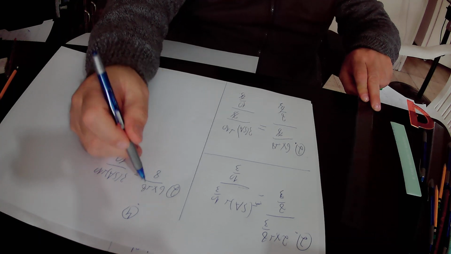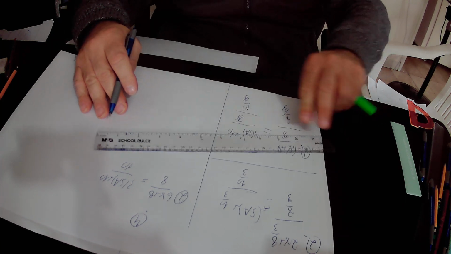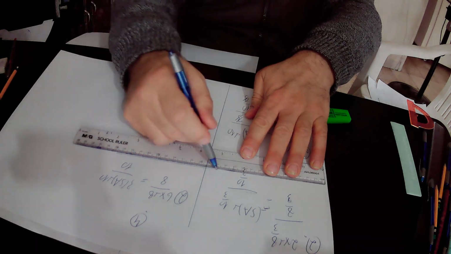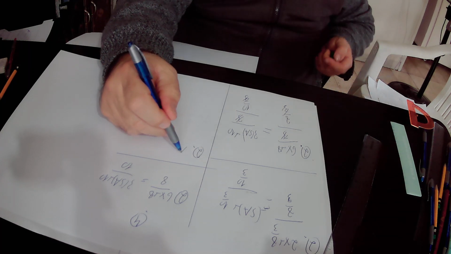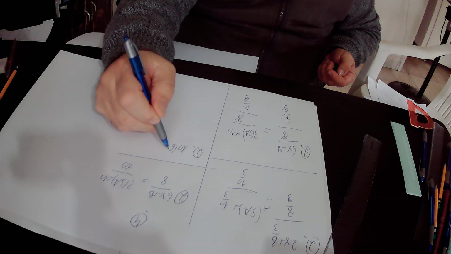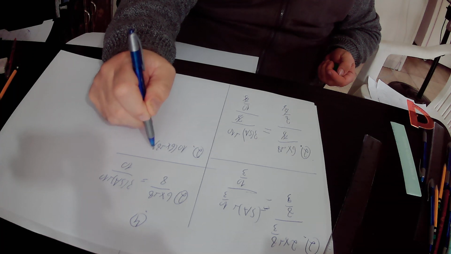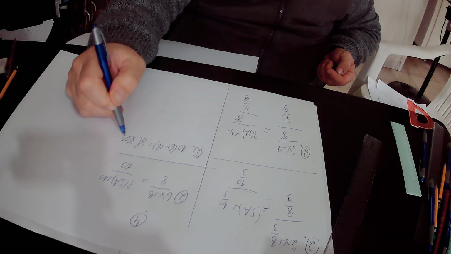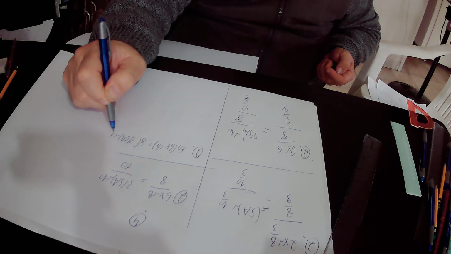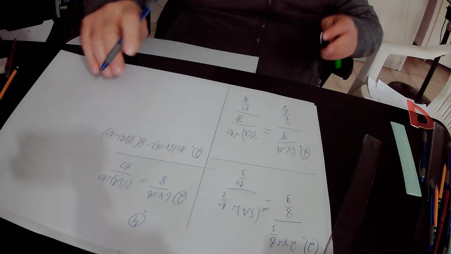So here we cross multiply this equation 2, and we get that according to equation 2, 10 times 6x plus 8 equals 8 times 3SA plus 10.